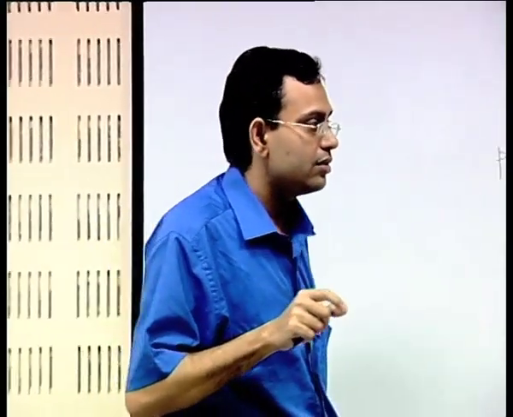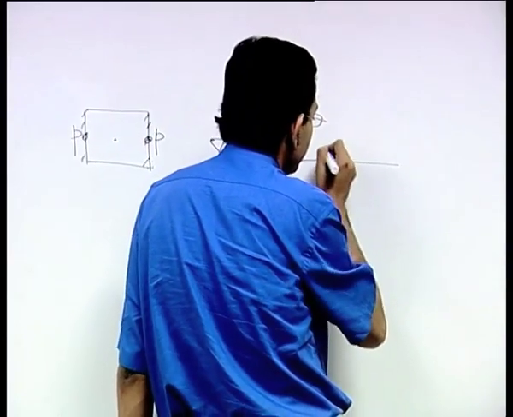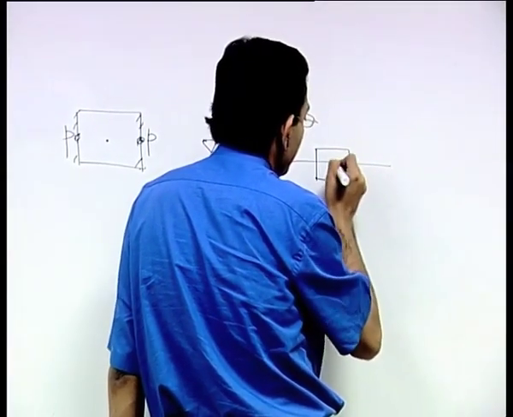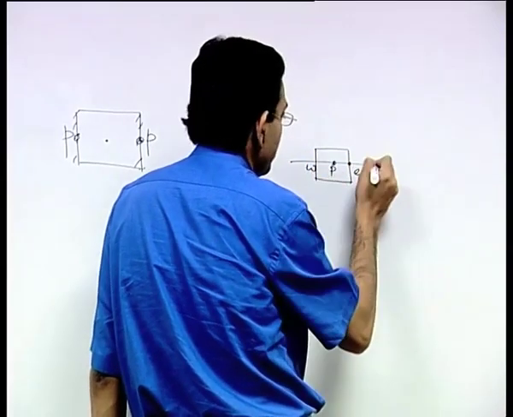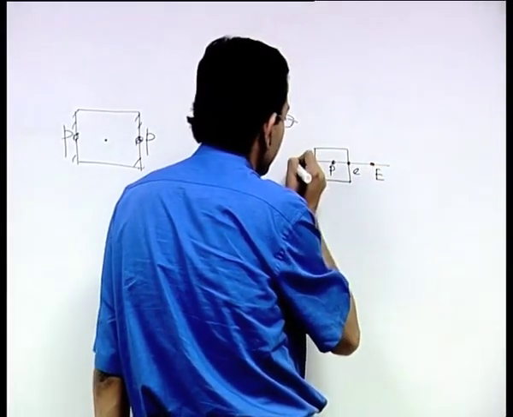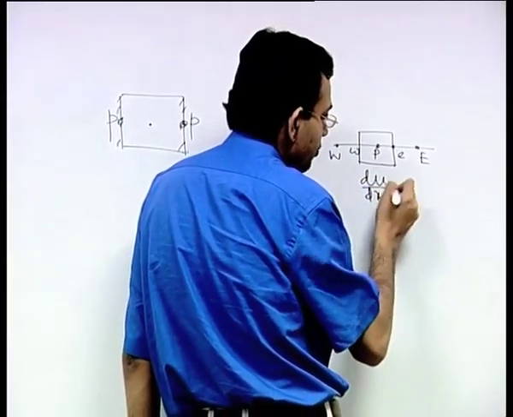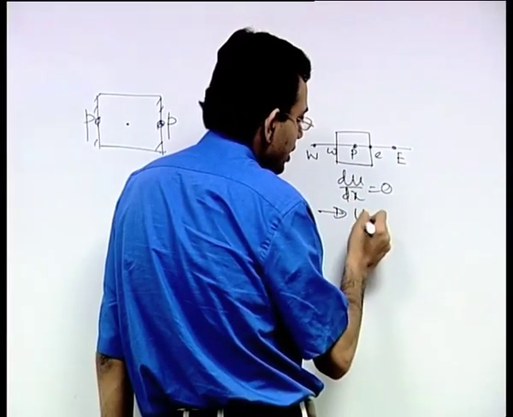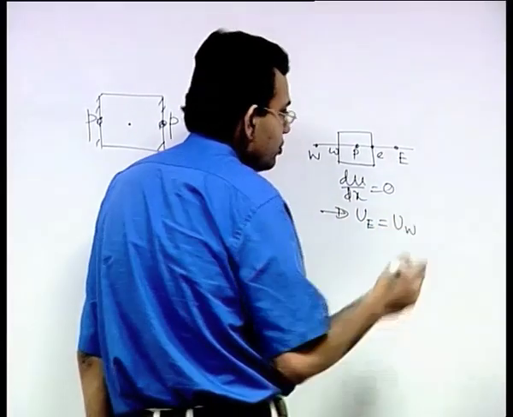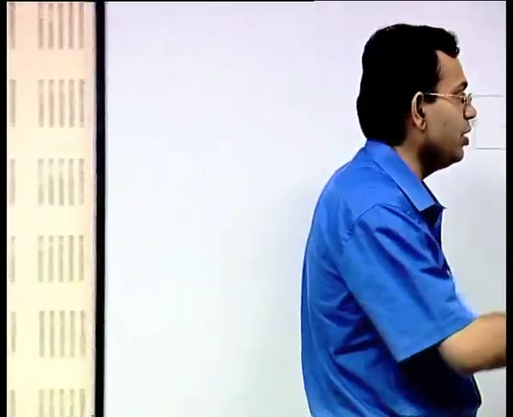So that means if you consider, we have shown that in a one dimensional problem, if you have du dx equal to 0, it will be reflected in terms of u capital E equal to u capital W, the effect of P will be gone.